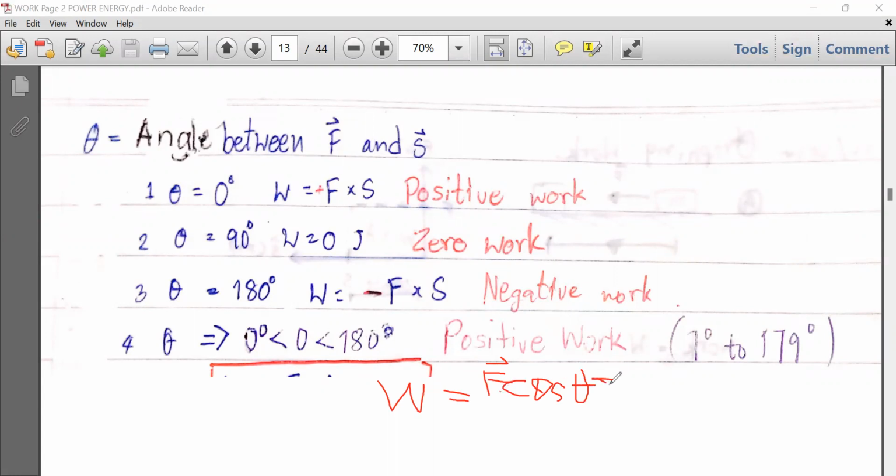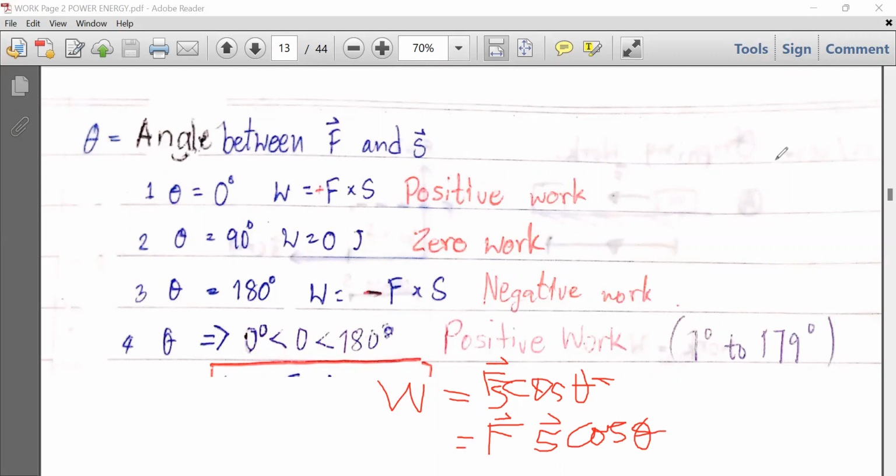So this should be Fs cosine of theta. Let's write that again. F and then S, the vector displacement, then cosine of theta. So that's the formula for work, case 4.